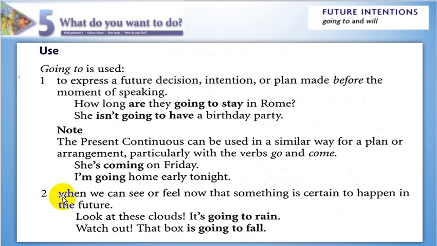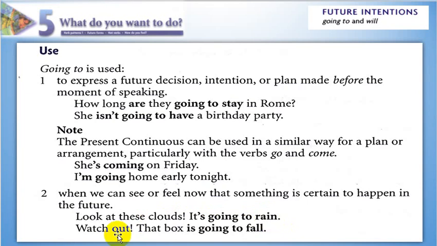The second usage of going to is when we can see or feel now that something is certain to happen in the future. مثال, look at these clouds. It's going to rain. هذا الشيء مؤكد. ليش؟ لأنه السماء مغيمة. It's going to rain. فإحنا متأكدين, we are certain that something is going to happen in the future, near future or far future.